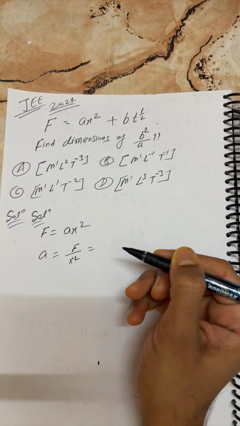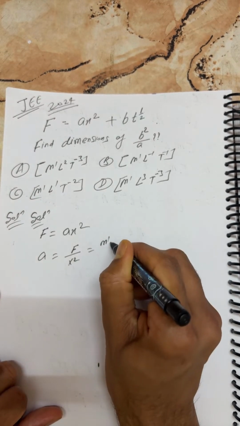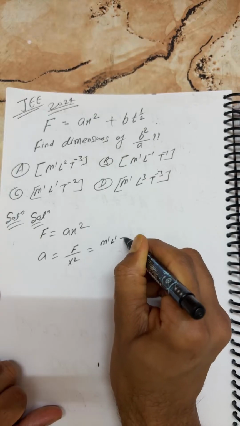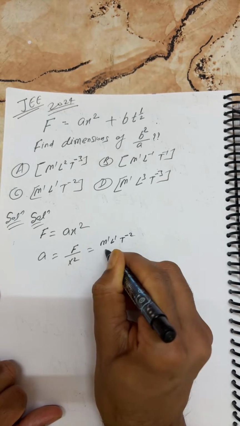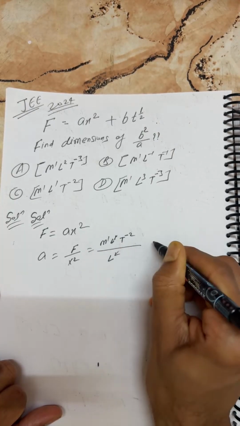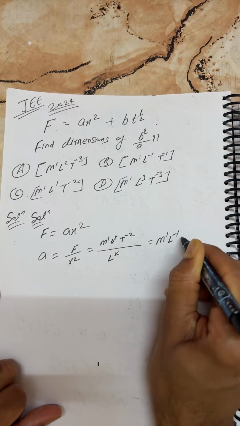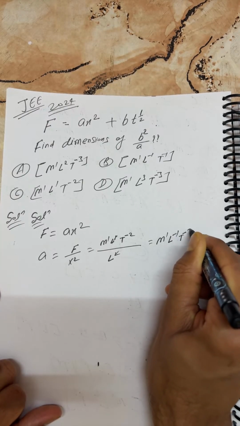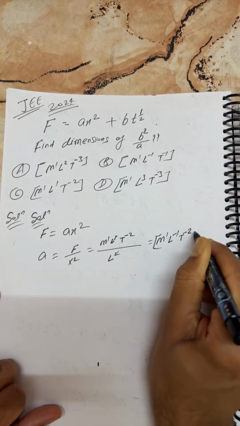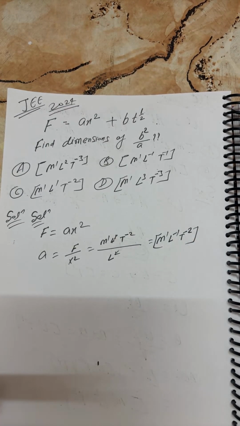I'll write directly the dimensional formula of force: M1 L1 T minus 2 upon L2. So we get M1 L minus 1 T minus 2. You can say it's equivalent to the dimensional formula of pressure. Okay, then again you can do this one here.